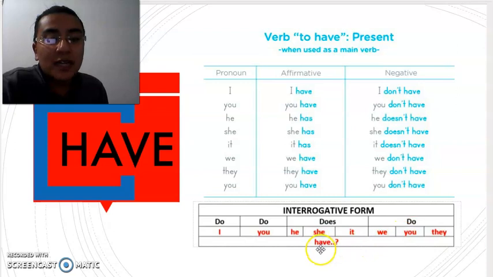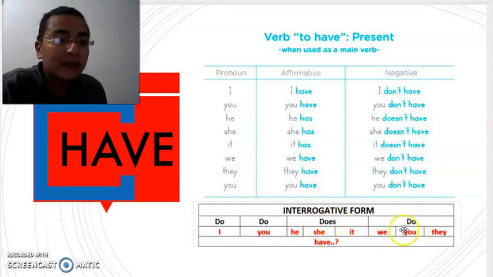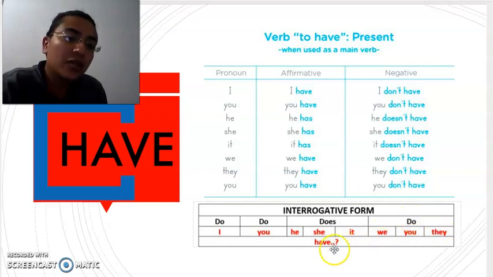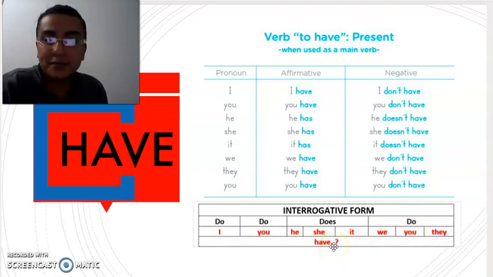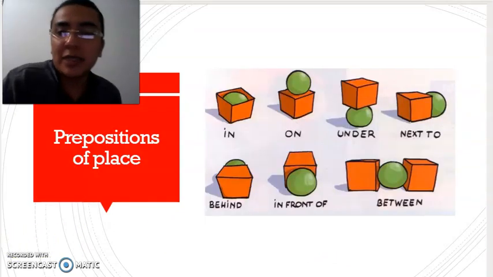They all have. The only thing is that I have to form it in the following way. For example, do I have? Do you have? Does he have? Does she have? Does it have? Do we have? Do you have? Or do they have? Okay?